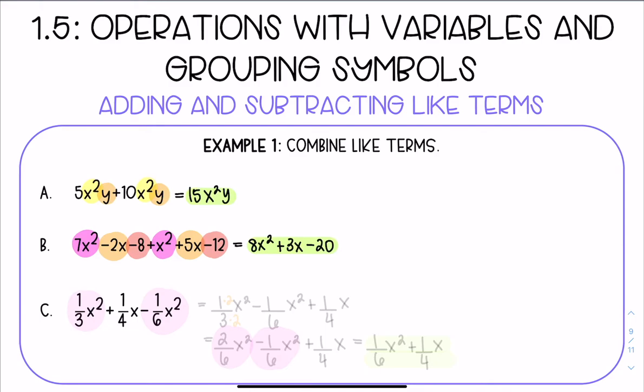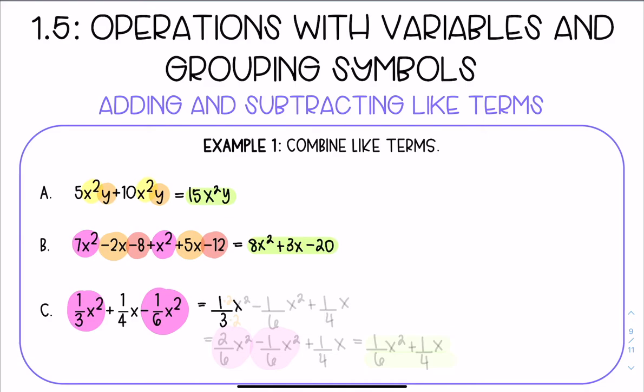And for letter C, we have two like terms. We've got 1/3 x squared and it's negative 1/6 x squared. So let's just write those next to each other first.